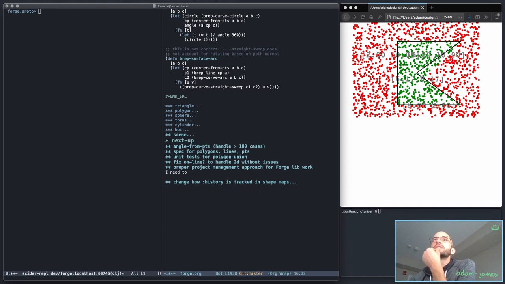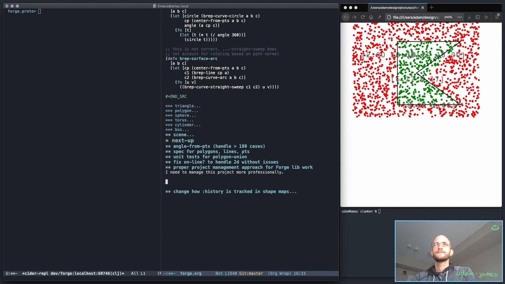Because I do like doing this, and I want to keep the momentum going, keep it growing a little bit. I need to manage this project more professionally. First idea is to learn Org Agenda, Org Roam, see if those tools can help me manage this more thoroughly.